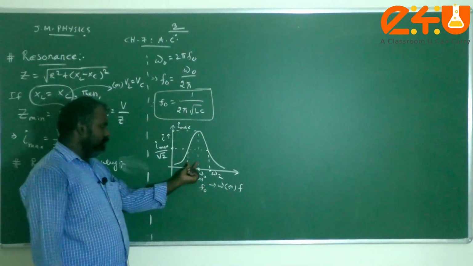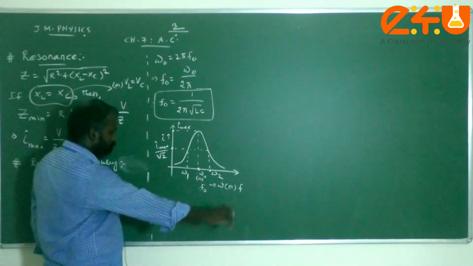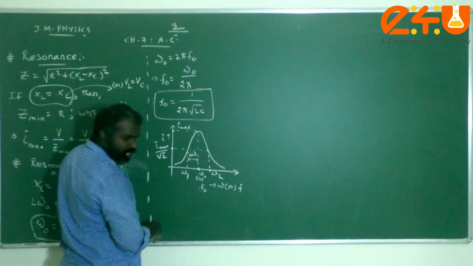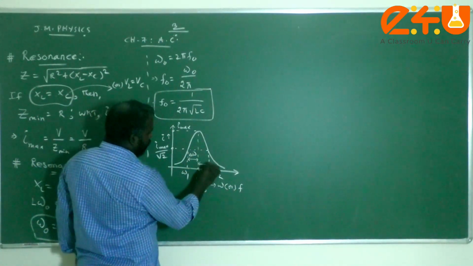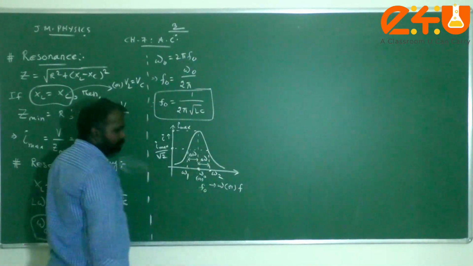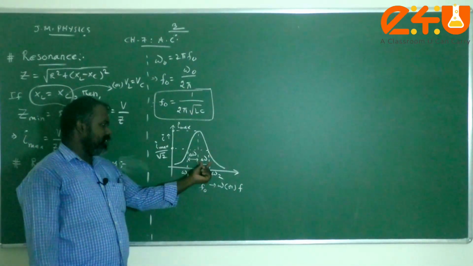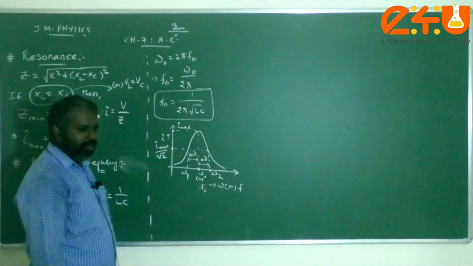This frequency difference is taken to be delta omega, and this also is delta omega. So this frequency range, delta omega plus delta omega, is called bandwidth.